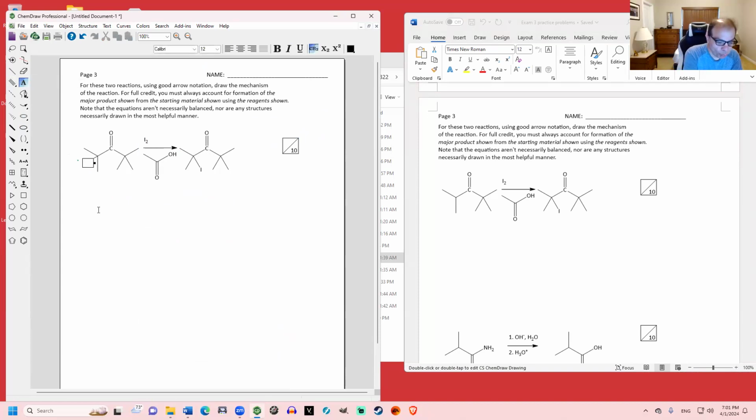we're replacing the one and only alpha hydrogen with an iodine. And we're using acidic conditions. We've got acetic acid as the solvent.